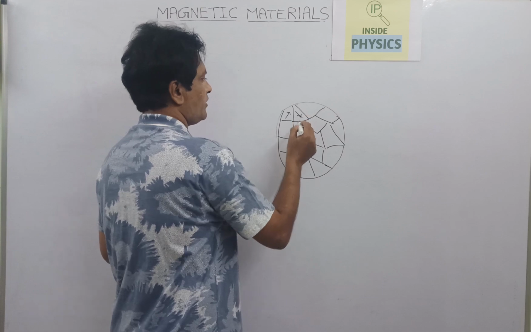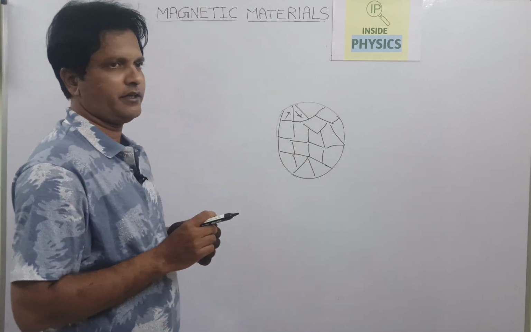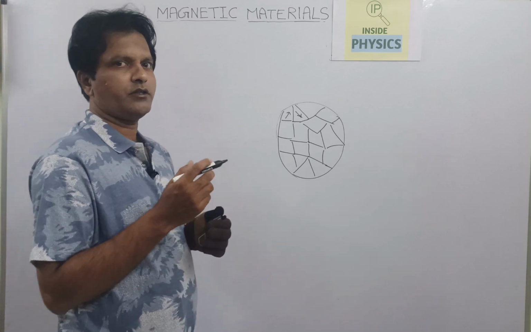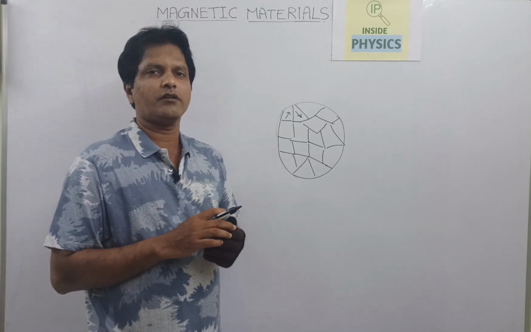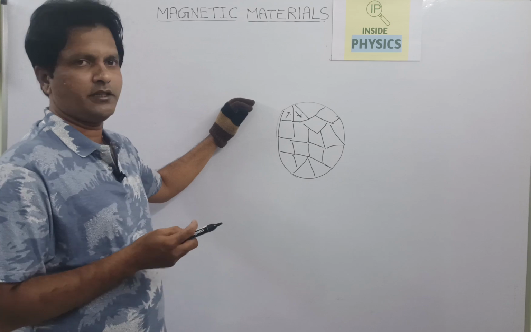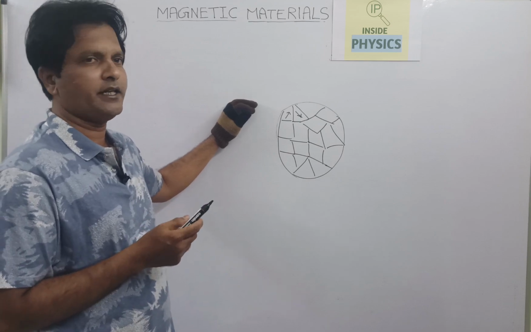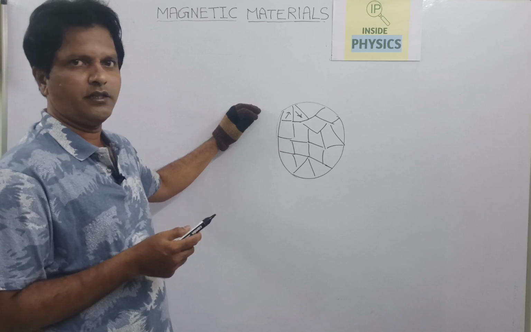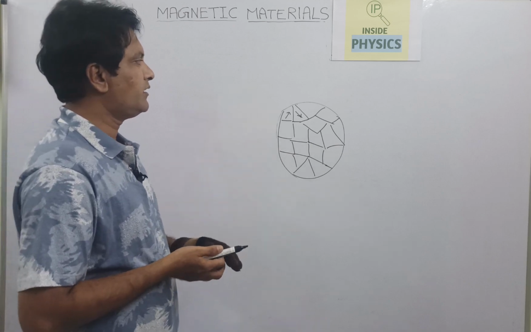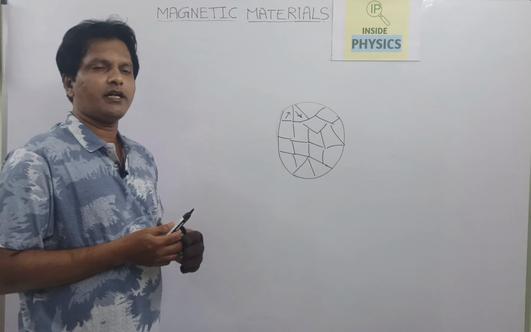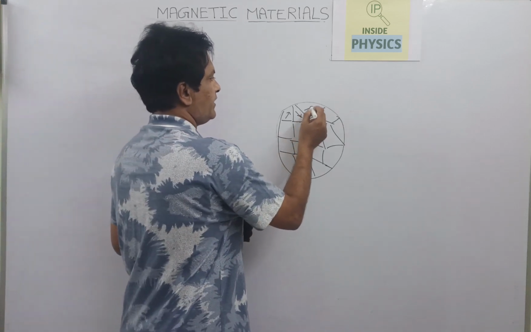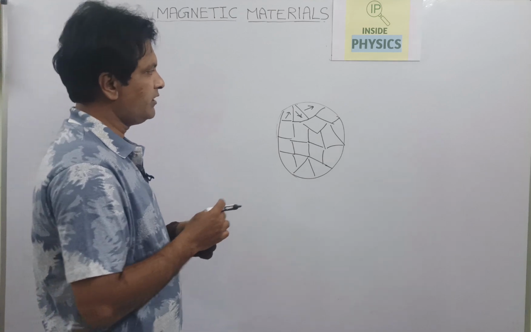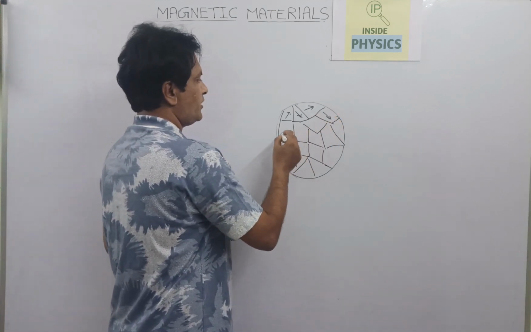Each atom or ion or molecule will have a net magnetic moment, as the electrons inside the atom are circulating in circular orbits. They develop some net angular momentum and net magnetic moment because they are moving in circular orbits. When the material is not in any external field, the domains will be randomly oriented.